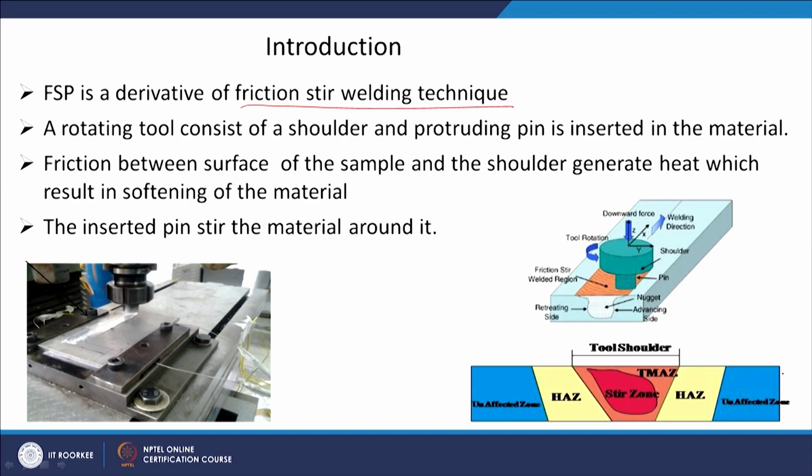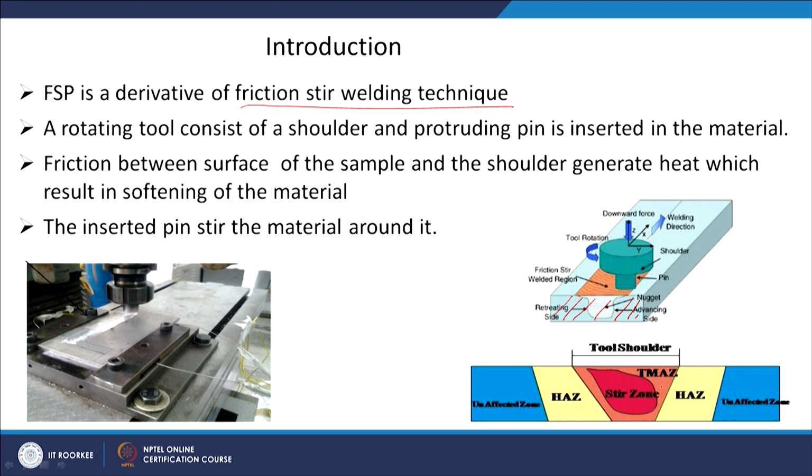If you see this particular plane, you will see a microstructural region like this. This is what we call the stir zone, where the pin is stirring the material. Next to it is the thermomechanically affected zone.